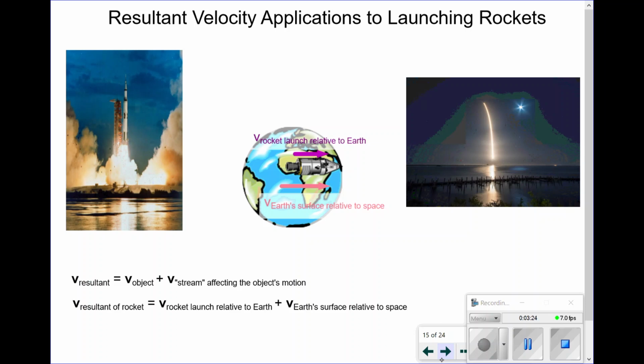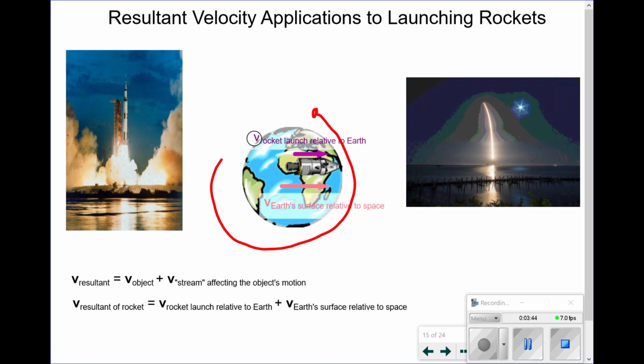We launch them with enough speed so that once they achieve their orbital position, they simply fall back toward Earth. But they are traveling in a circle around a circular shape, so they never hit the surface.